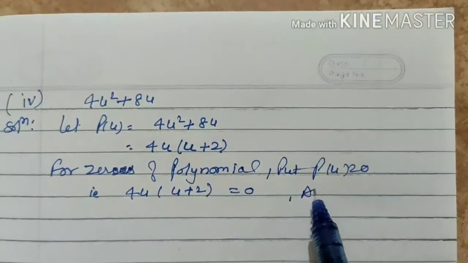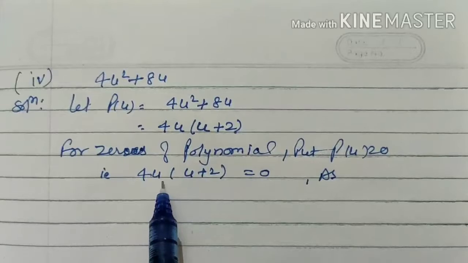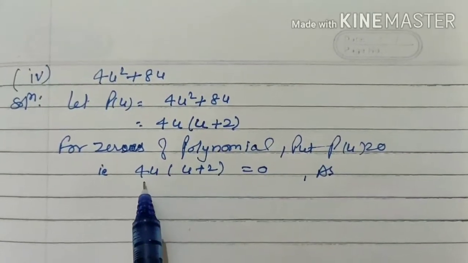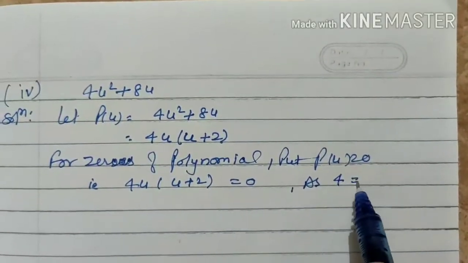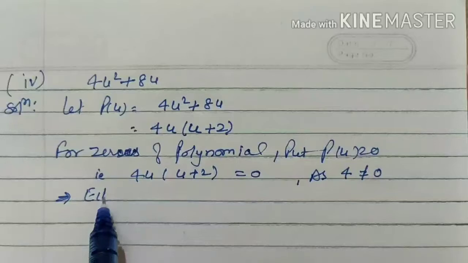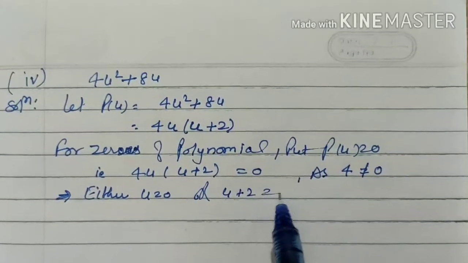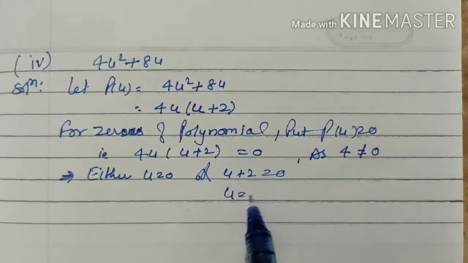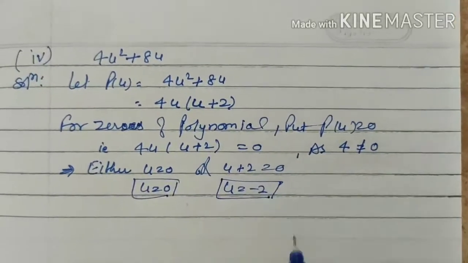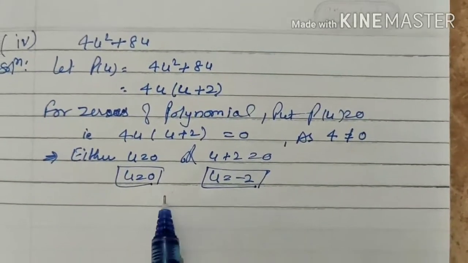The product of these three terms is 0, but 4 can't be 0. So as 4 is not equal to 0, implies either u equals to 0 or u plus 2 equals to 0. So here u will be minus 2 and here u is 0. We have two zeros as 0 and minus 2. So these are the zeros of the given polynomial.